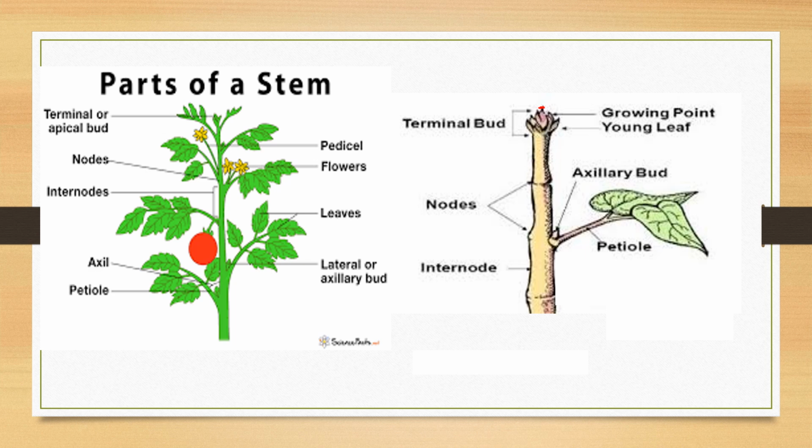This terminal bud usually allows the stem to grow upward, okay, to elongate, to go further, an elongation for the stem.